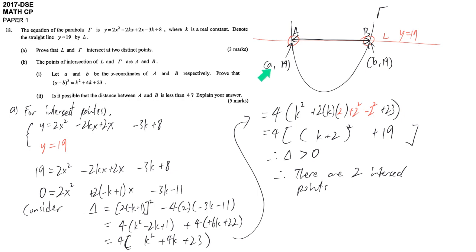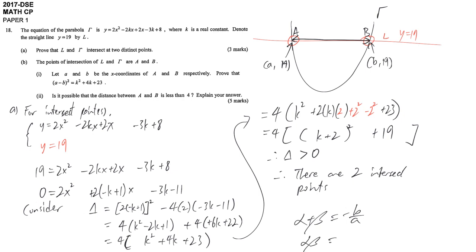Before that, A is the intercept point. That means alpha is a solution or root of this equation. And at the same time, beta is also a root of this equation. So if we are concerned not about alpha or beta individually, but about the sum of them or the difference between them, then we are considering alpha plus beta, which is equal to negative b over a, the sum of roots.